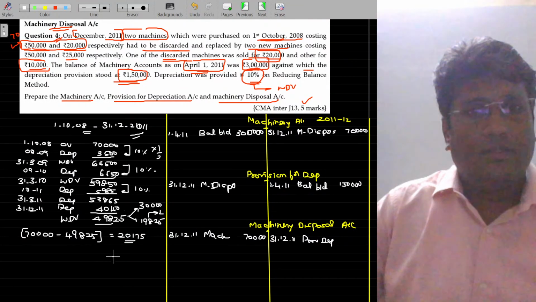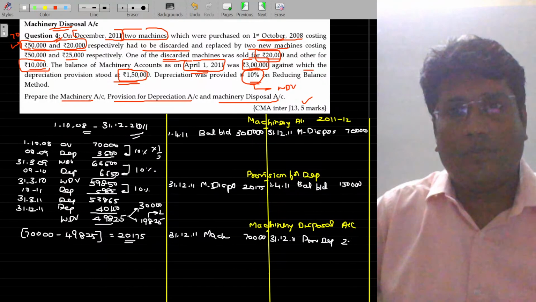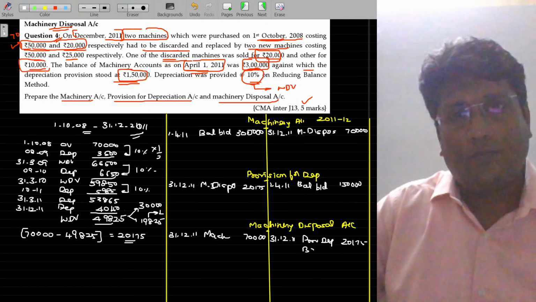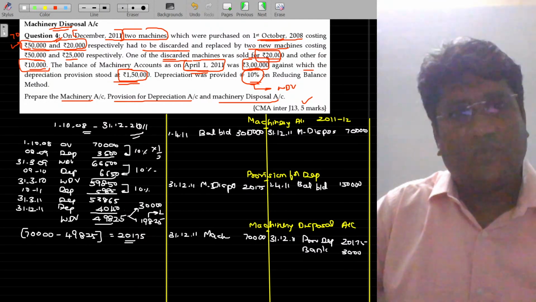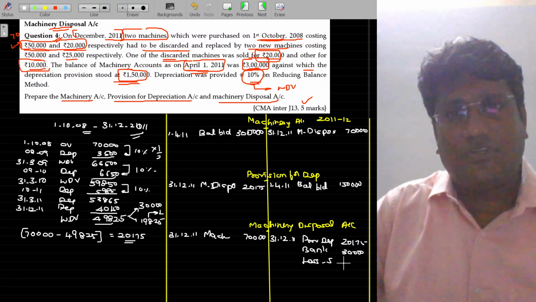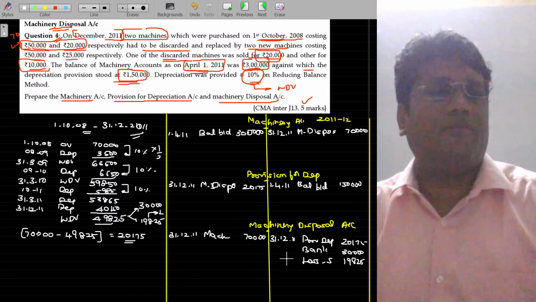That 20,175 should be transferable from the provision for depreciation account to machinery disposal account. On disposal I get cash to the extent of rupees 30,000, and loss on sale is also there, which is 19,825.